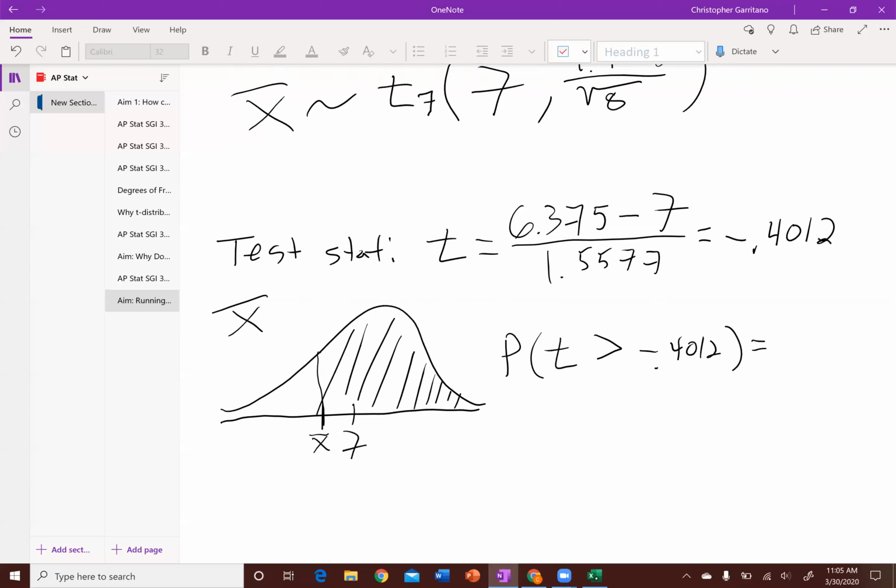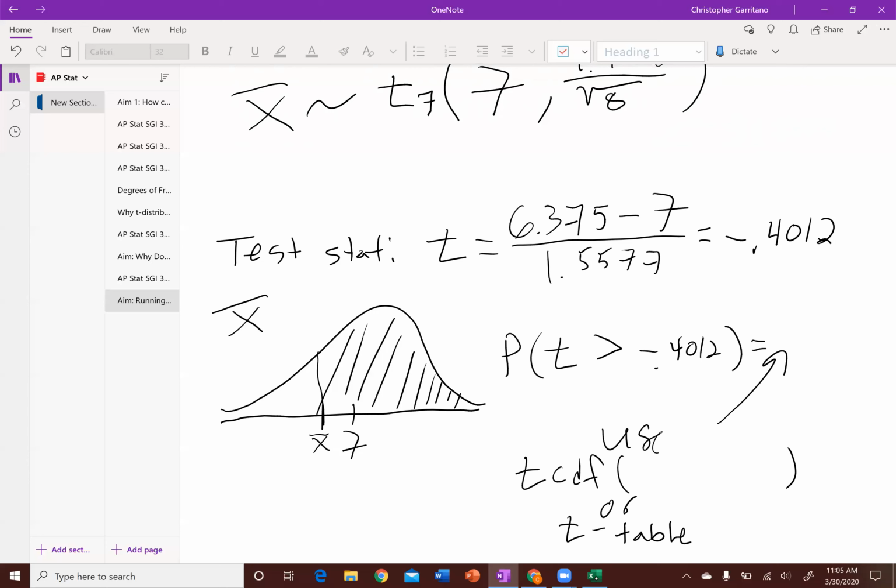And we're going to calculate this by using a function called TCDF. And I don't know that everyone has it. If you do not have TCDF, use the T table. So you're going to use TCDF, and I'll show you what to input, or you're going to use the T table.